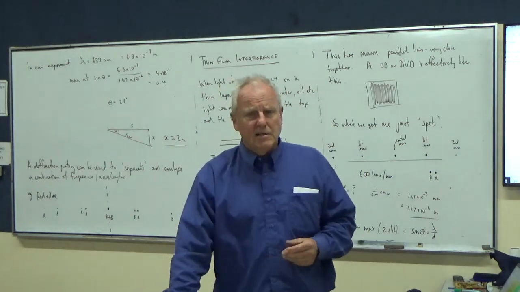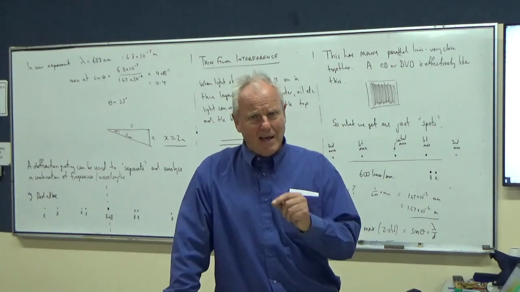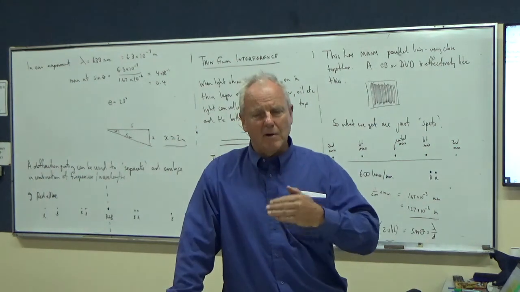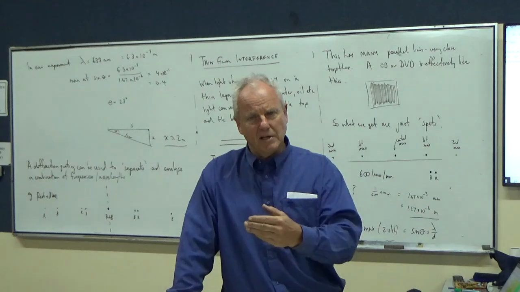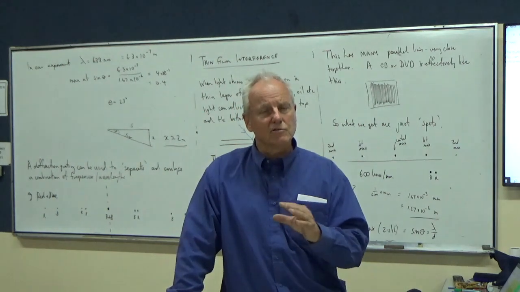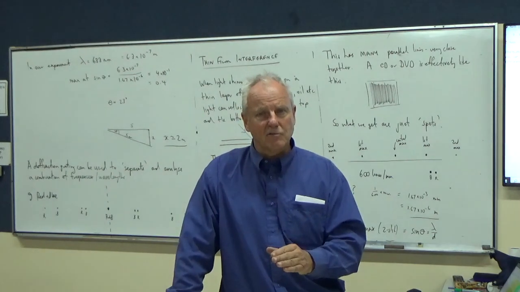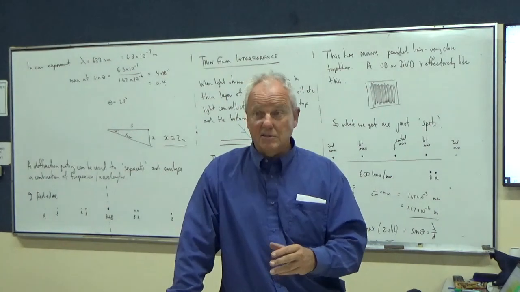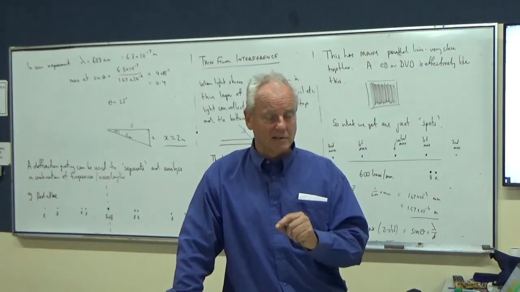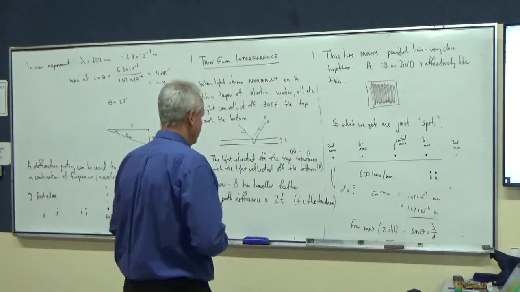Okay? So you've got that happening as well here. When you're going from a less dense to a more dense, it's reflected upside down. When you're going from a more dense to a less dense, it's reflected right way up. And so that's going to change things. Right? So we need to take that into account as well.